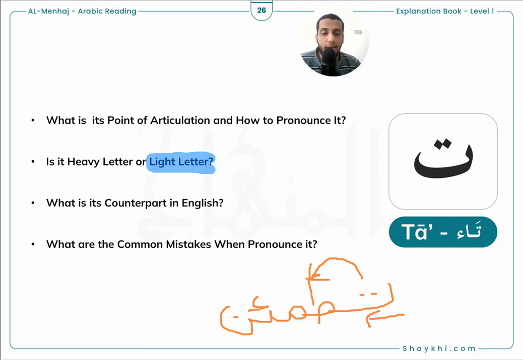This letter should be light because it's letter T, but some people make it heavy because the next one is heavy, and say تطمئن قلوبهم. No, it's not تطمئن, it's ta. This moving from light to heavy should not make the light letter a heavy one.